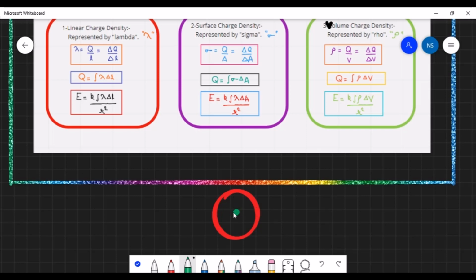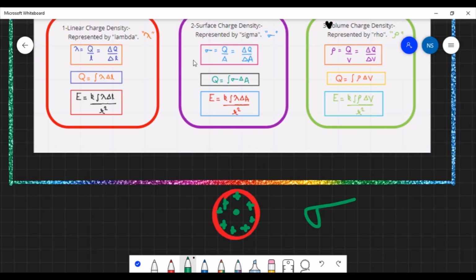Let's say this group of charge is plus charge. The plus charge will be continuously or symmetrically distributed on the surface of this circle. This is surface charge density, and it is represented by sigma. This is how it is represented.